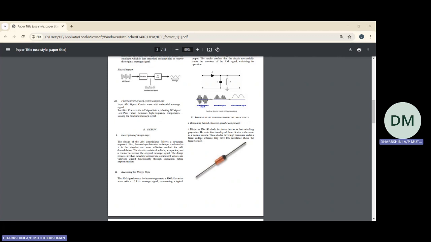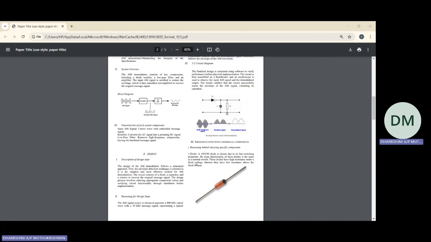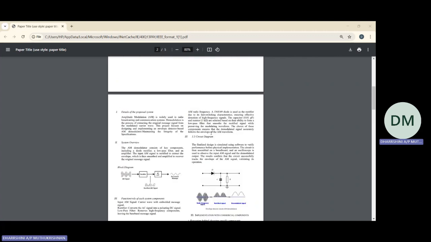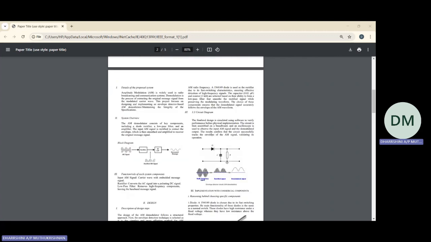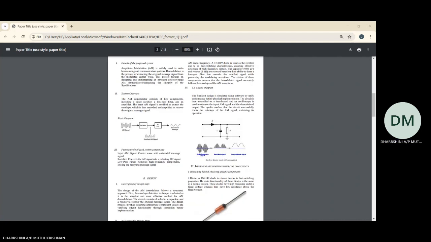Moreover, the reasoning for the design steps: the AM signal source is chosen to generate a 400 kHz carrier wave with a 10 kHz message signal, representing a typical AM radio frequency. A diode is used as the rectifier due to its fast switching characteristics, ensuring effective detection of high frequency signals.